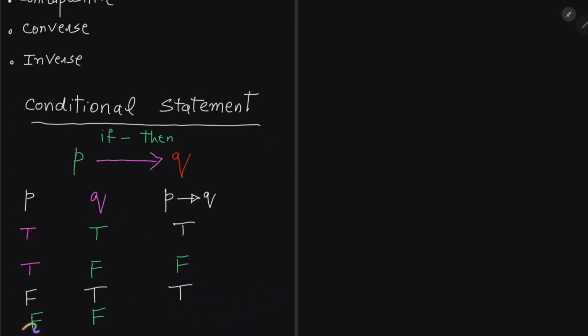It means that if you do not do hard work, then you will not be successful. Okay. But sometimes it happens that even you fulfill the conditions, but still you do not get the desired result. So for two F, the result is also true.